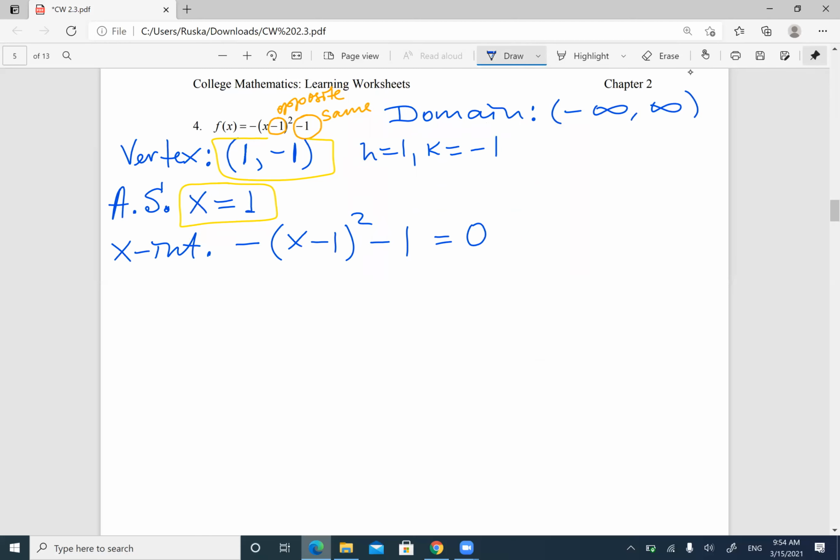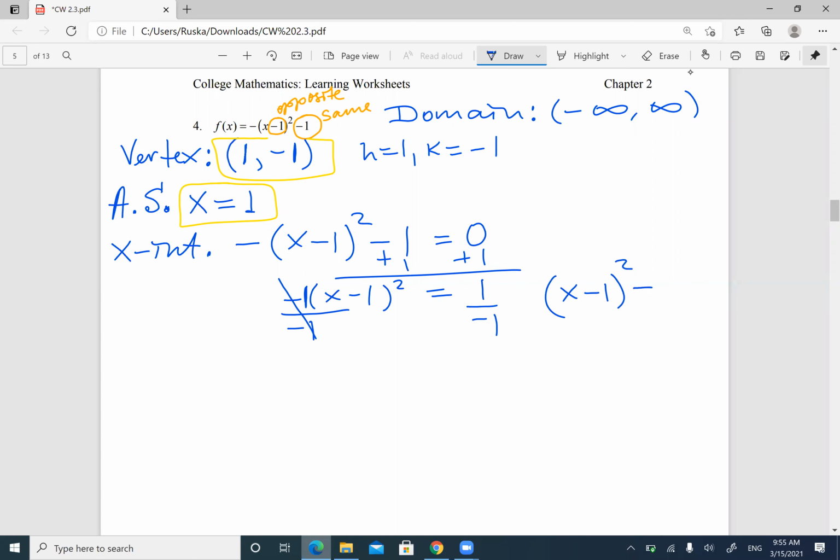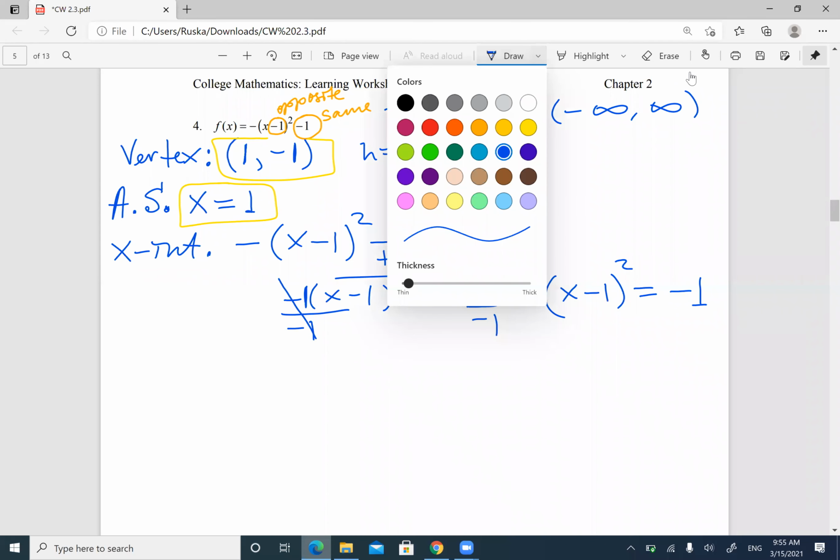I'm going to add 1 to both sides, and you get negative x minus 1 squared equals 1. Then we want to get rid of the negative in front, so I'm going to divide by negative. Negative over negative is positive, and you get x minus 1 squared equals -1.